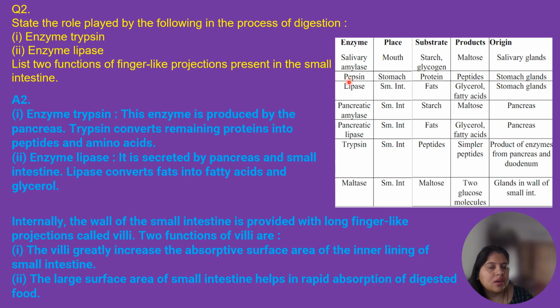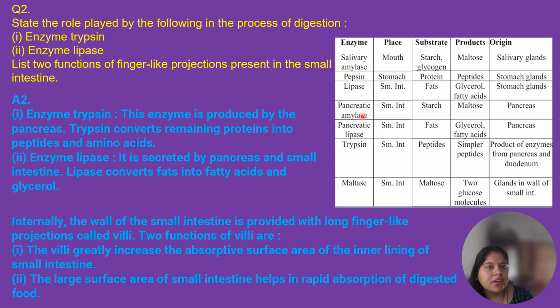Next is lipase. This enzyme is secreted by gastric gland, and it is present in the small intestine. What is the function of the lipase? It converts fats into fatty acids and glycerol. Next enzyme is pancreatic amylase. Amylase, which is secreted by pancreas, is known as pancreatic amylase, and it is secreted into the small intestine.